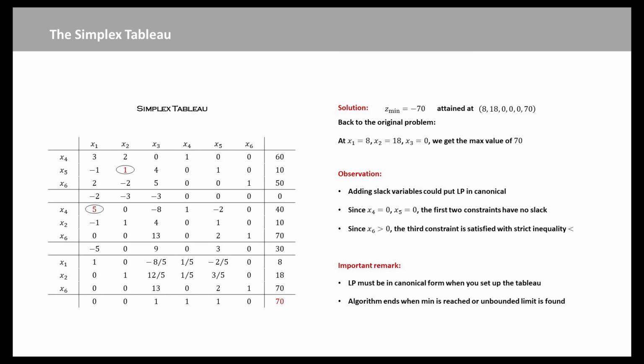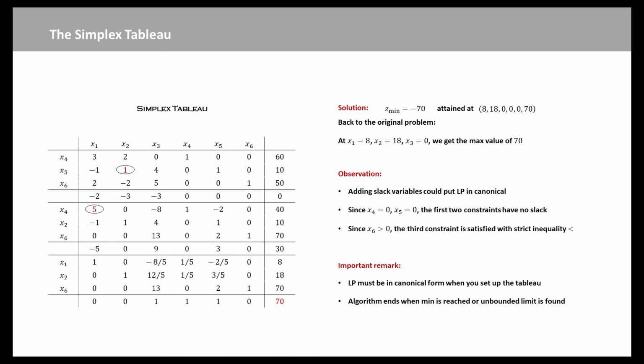So I conclude that optimality is reached. The minimum value is negative 70. It is obtained at this basic solution: x1 is 8, x2 is 18, x6 is 70, and the other three, x3, x4, x5, are 0. The final solution is shown on the right-hand side.